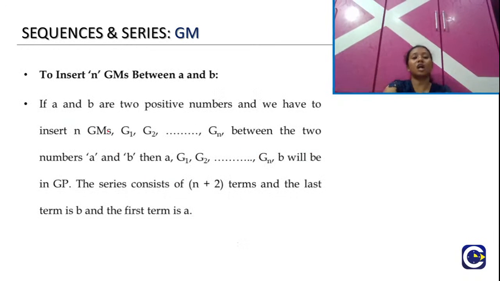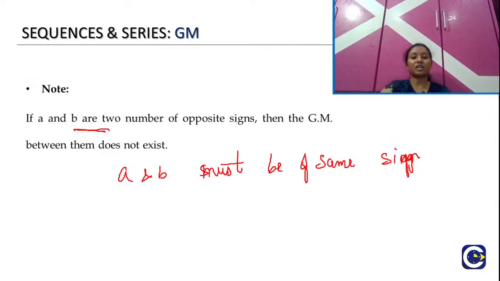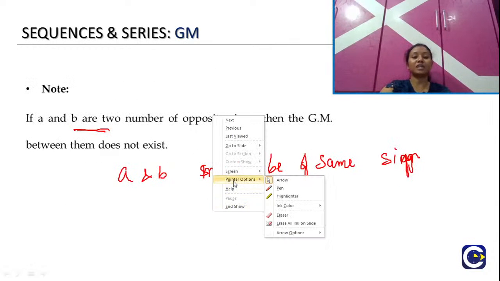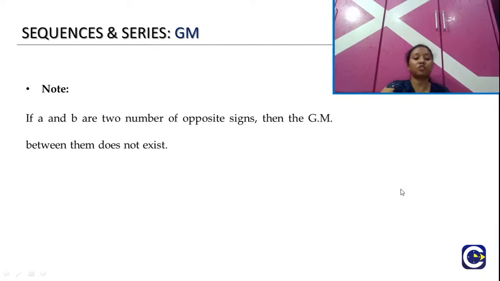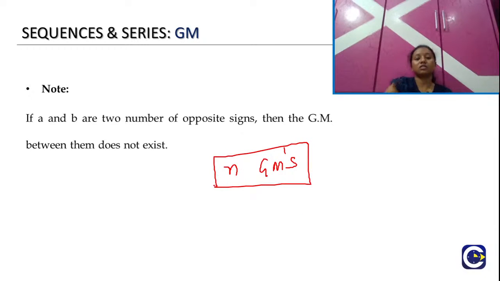Likewise, as we discussed in arithmetic mean, like inserting arithmetic means between any two given numbers, the same thing will be applicable here. That means inserting some n geometric means between the two numbers A and B. Can you think of it, and can you write the sequence of this geometric mean before I give you the introduction? What happens if n geometric means are inserted between the given two numbers A and B?